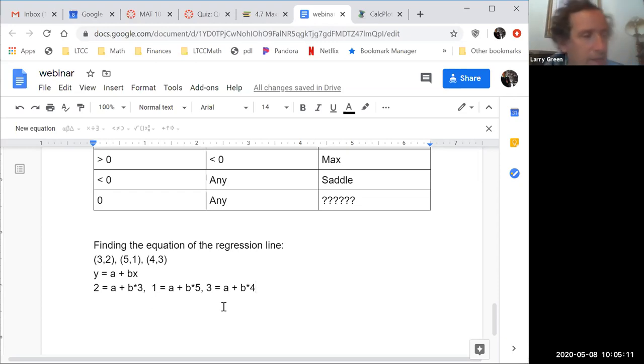So what we're going to do is look at the distance function, and we're going to call that f of a comma b, and it is equal to, well, we're going to take the square. That's what I'm going to do. So we're going to take 2 minus a minus 3b, squared.